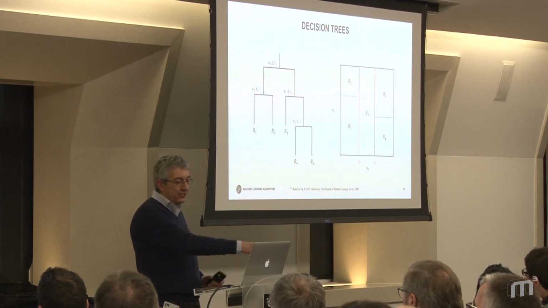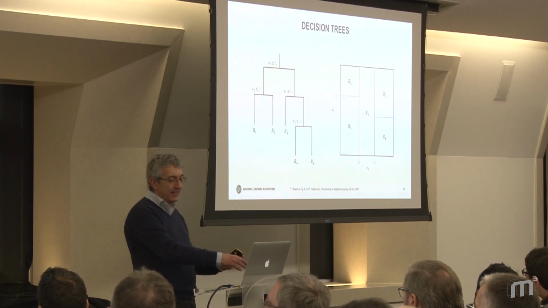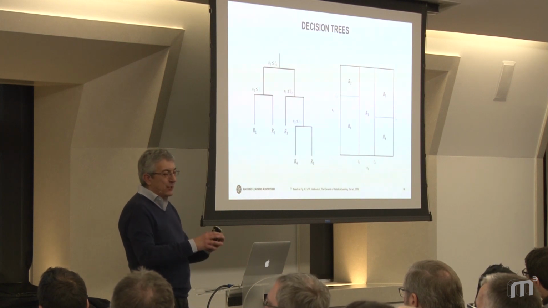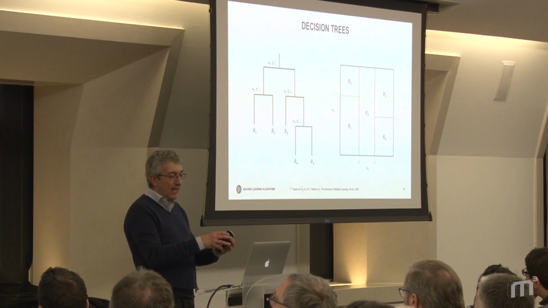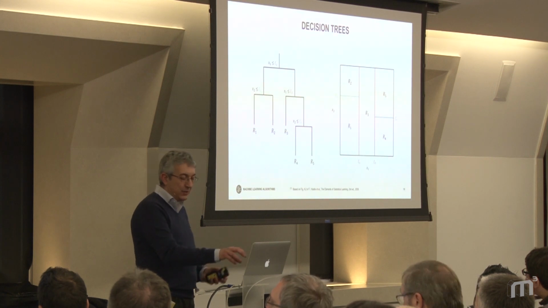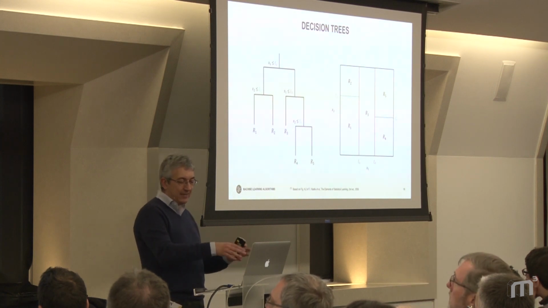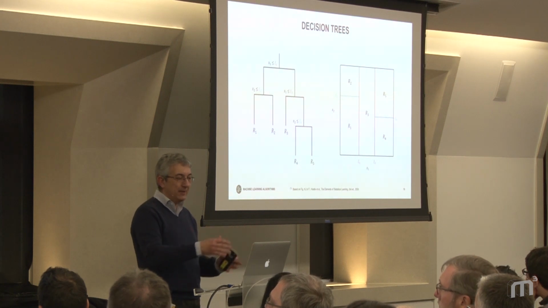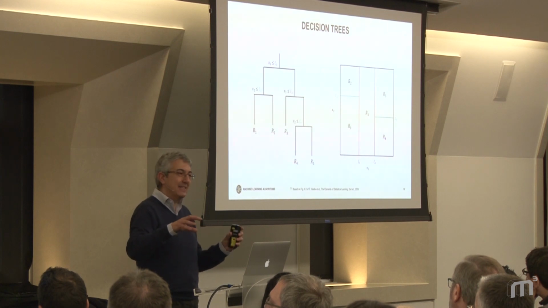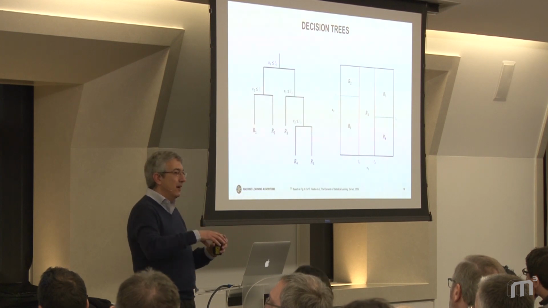So the tree is grown in order to have as much purity as possible, and the space is broken up, split by split, in order to group elements of each individual class on their own.